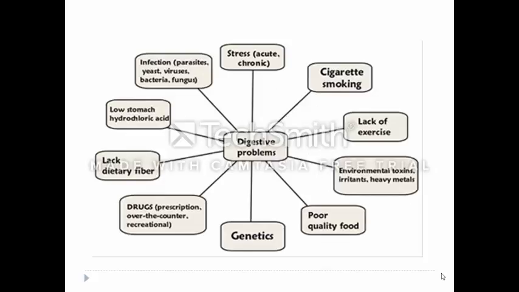Digestive problems can be caused by a variety of factors, including stress, infection, low levels of stomach hydrochloric acid, lack of dietary fibre, medications, genetics, poor quality food, environmental irritants, lack of exercise, or cigarette smoking.